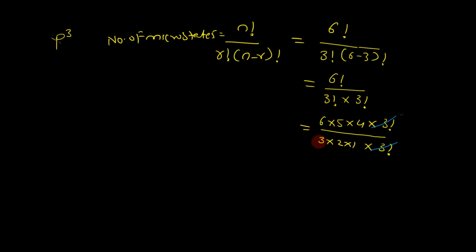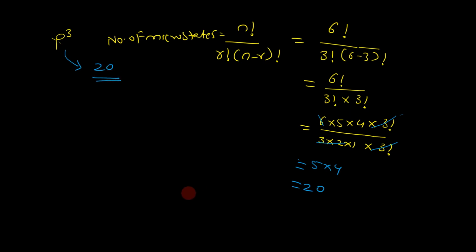This 3 into 2 into 1 is 6, and we cancel this 6. The remaining we get is 5 into 4, that is equal to 20. So the number of macro states for P3 is 20.